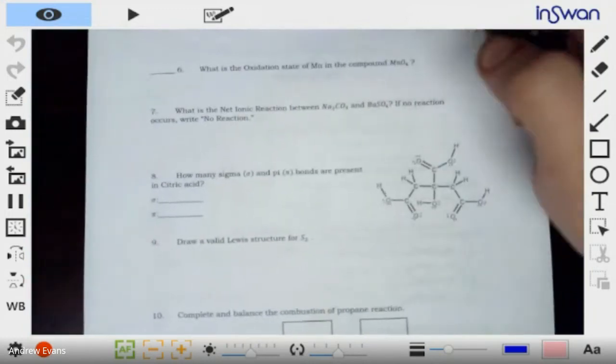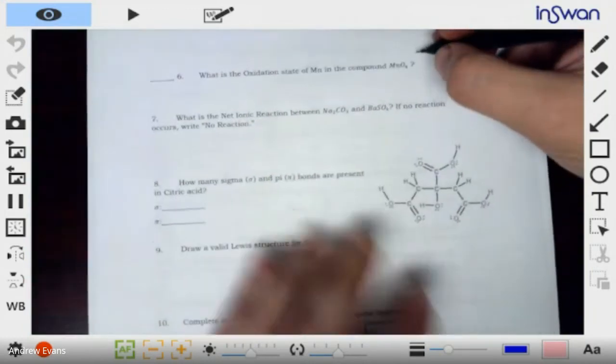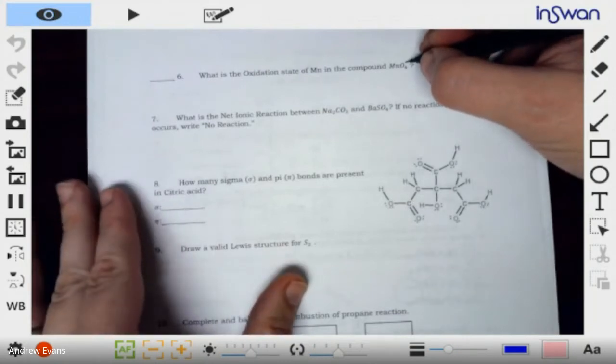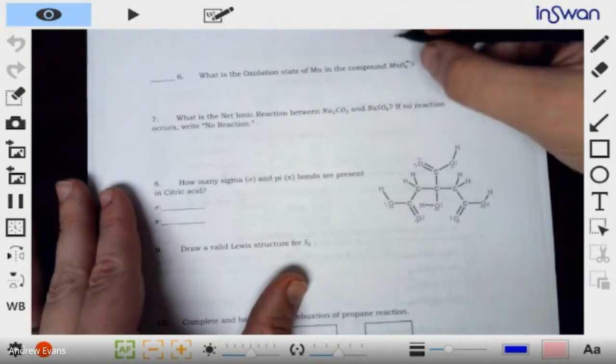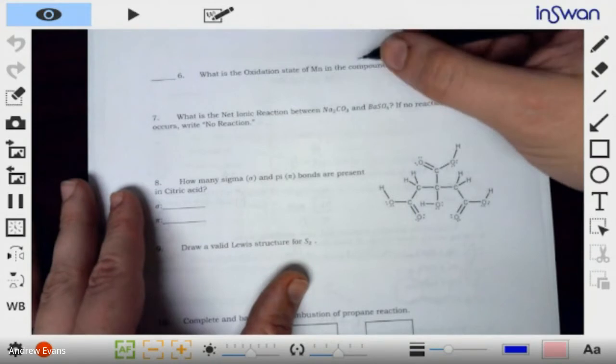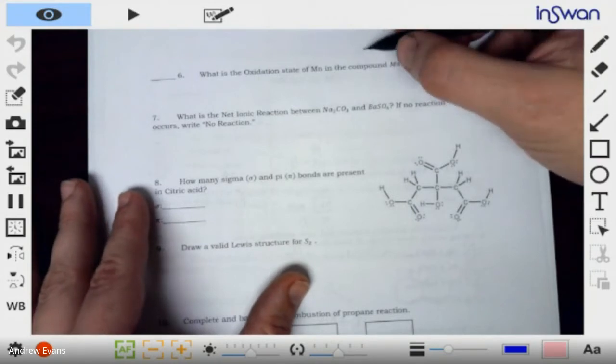Page 2. So we start off on a good note with a typo. It should actually read manganese MnO4 minus. You could do it with MnO4 neutral, but what I was going for is MnO4 minus.